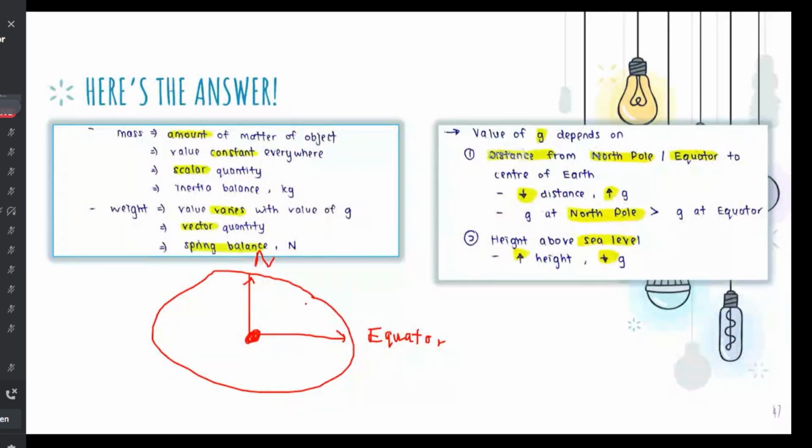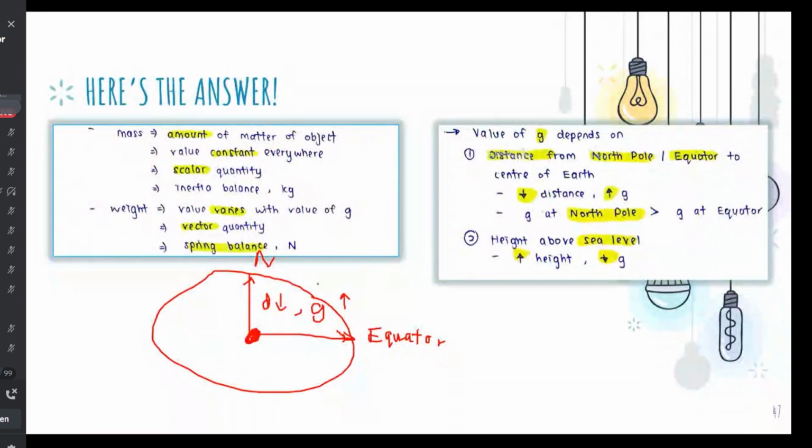So the distance to the center of the Earth is actually shorter at the North Pole. Because this one is shorter, this d is shorter. So this means gravitational acceleration will be higher, because it's nearer.